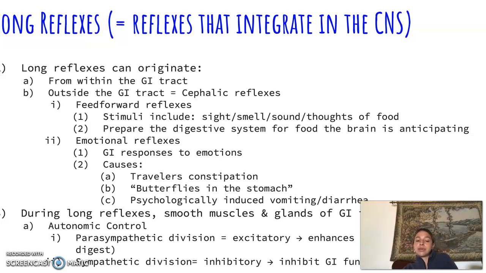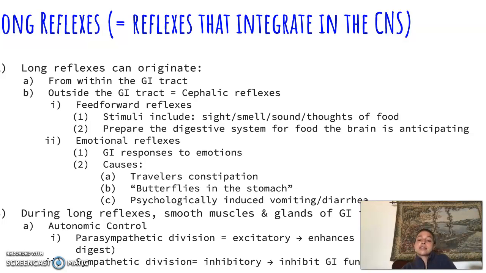For feed-forward reflexes, the stimuli include sight, smell, sound, and thoughts of food, which then prepare the digestive system for food the brain is anticipating. Emotional reflexes can also stimulate this, and GI responses to emotions cause traveler's constipation, the feeling of butterflies in the stomach, and psychologically induced vomiting and diarrhea.